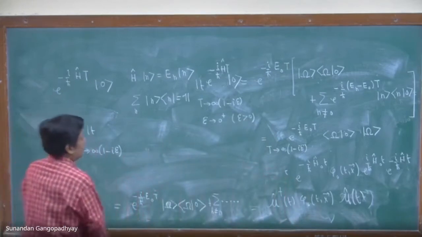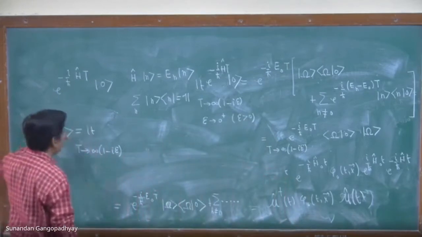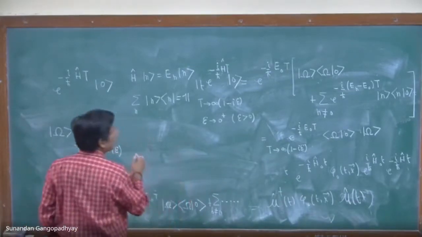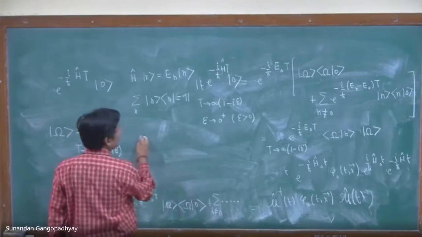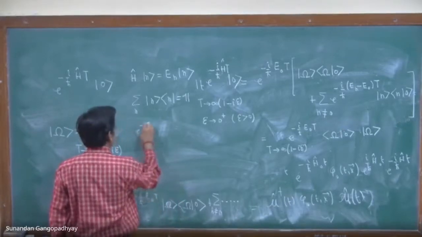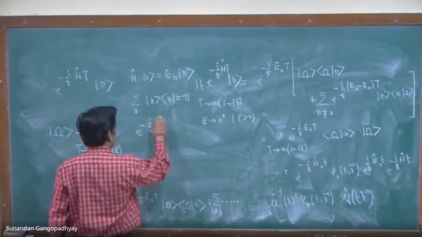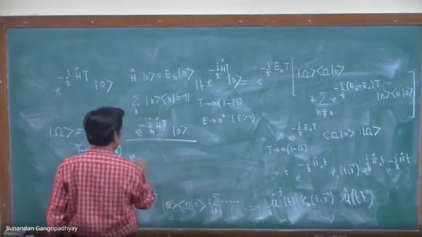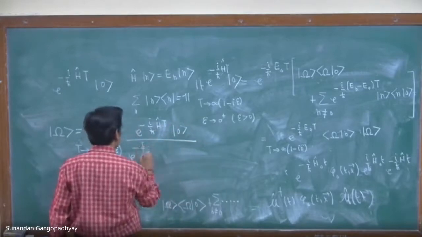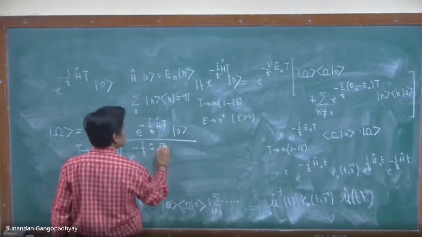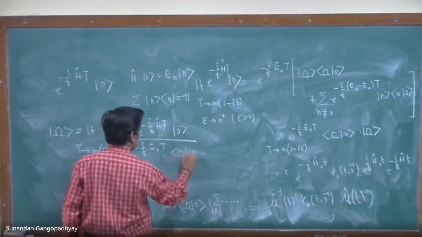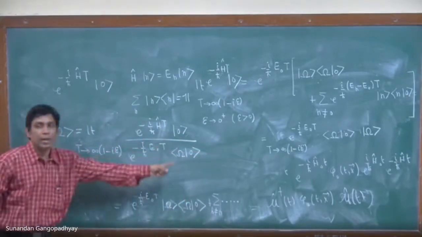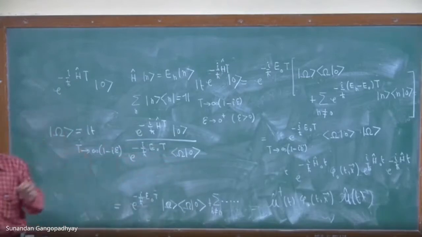Okay. So what we have now is an expression of this form: e to the power of minus i/ħ Ĥ t, acting on |0⟩, divided by the normalization. I am repeatedly telling you to please go to your path integral notes. That may help you. If you remember, we derived similar expressions when we were discussing path integrals in quantum mechanics.